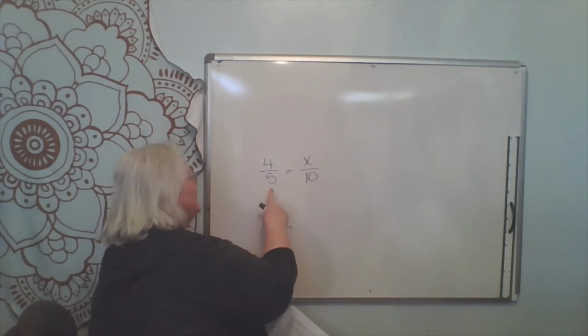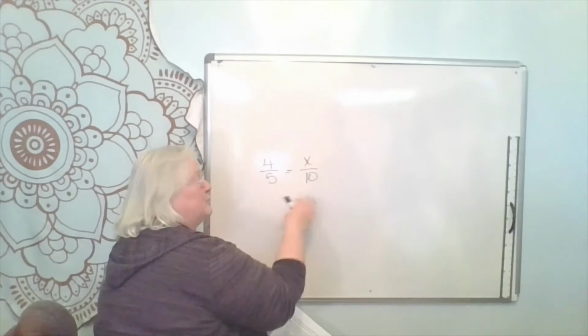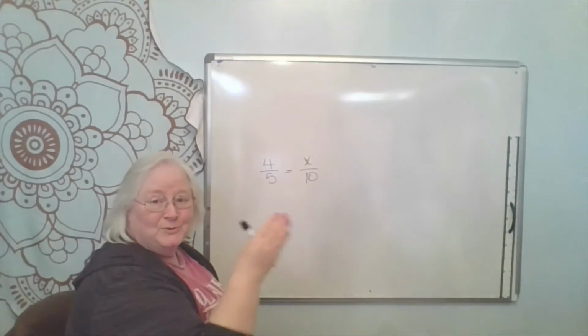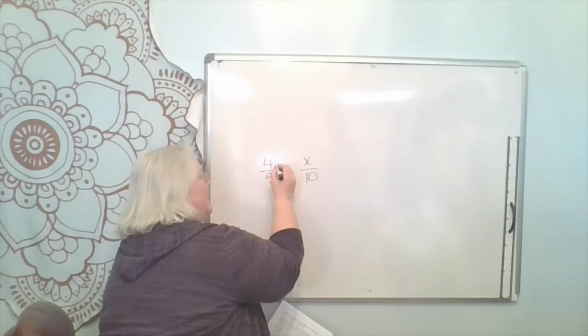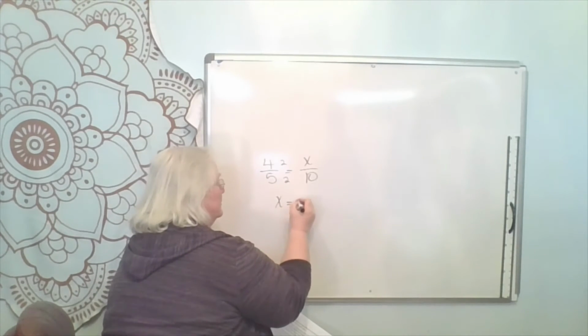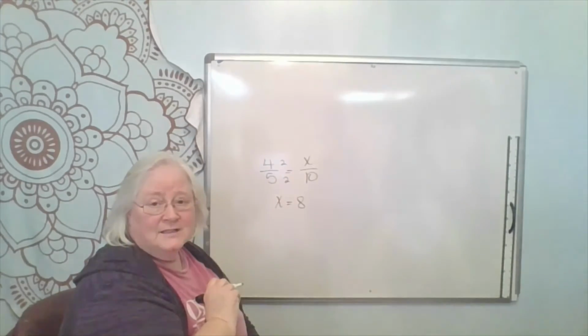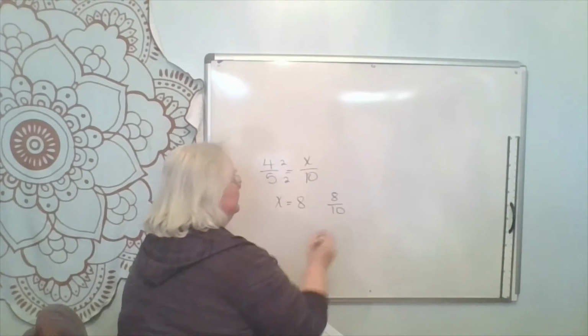So you would say 5 times what gives me 10? So we know that's 2. So we're going to multiply the top by 2. So x is equal to 8. And so our equivalent fraction is going to be 8/10.